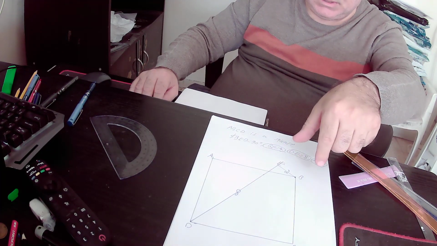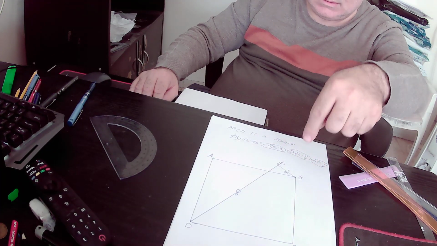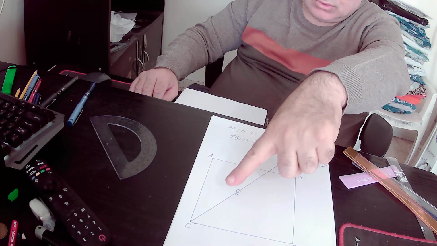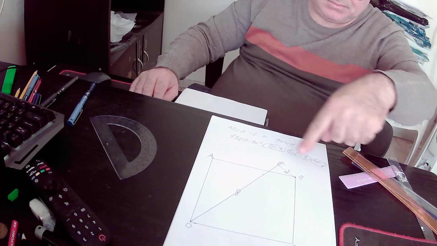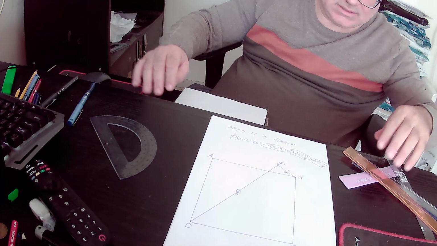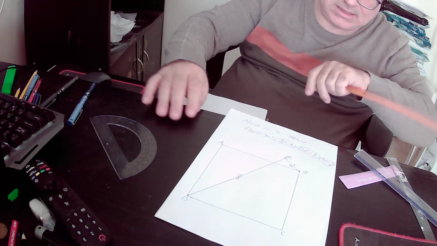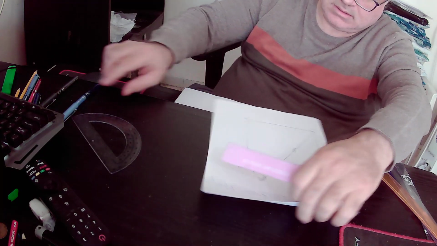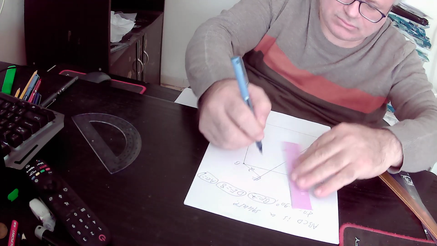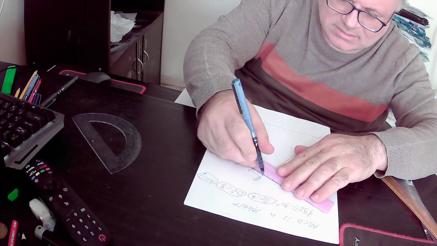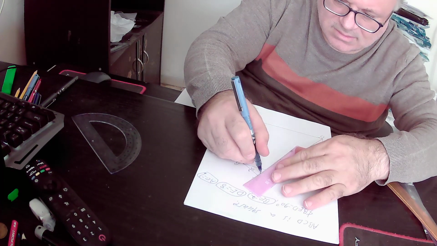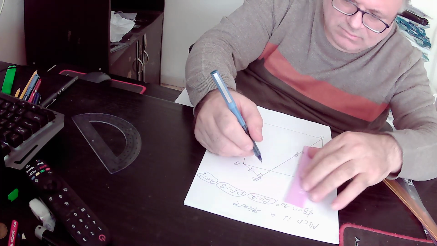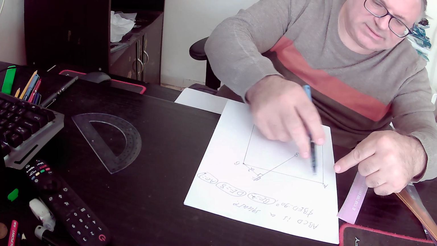We know that BE equals 2 units, DE equals 8 units, and angle BED equals 90 degrees. It is a right angle. And we want to find out the size of line segment AE.